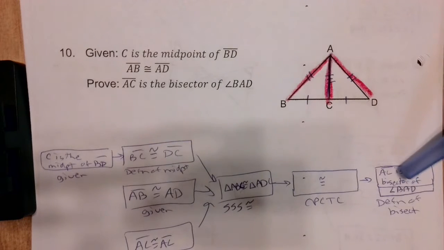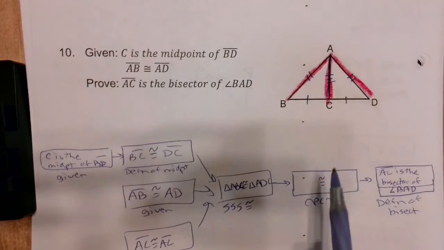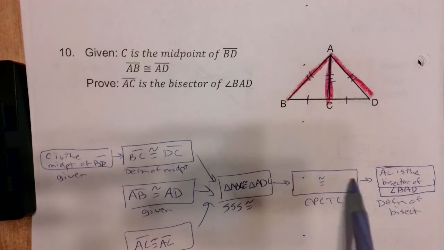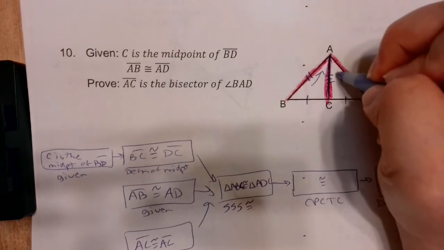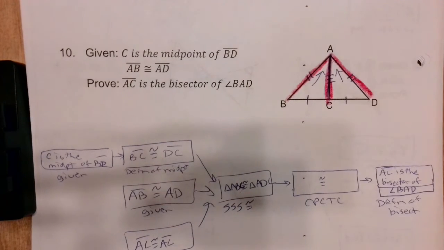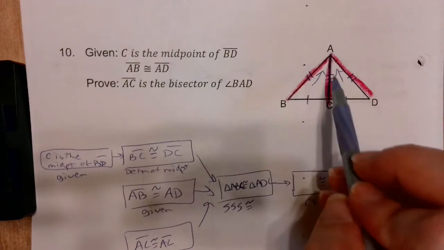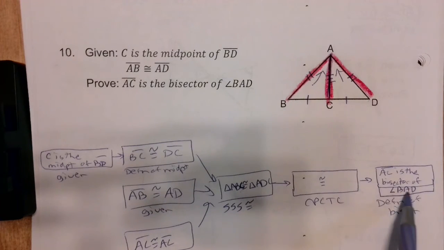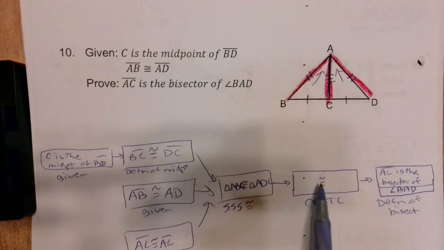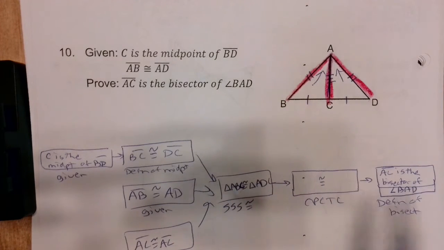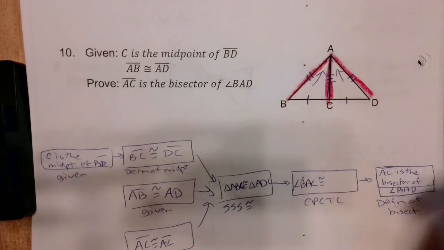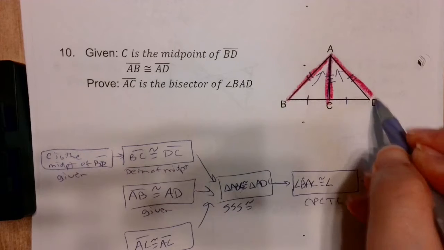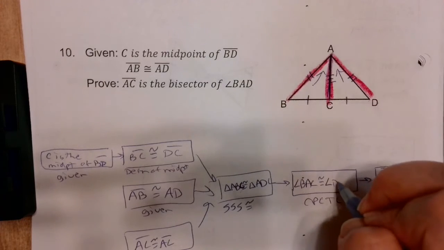In order for this to be true, what two things would have to be congruent? This angle and this angle would have to be congruent, and if they were equal, then it would mean that we had a bisector. So these two angles are what go in the CPCTC box. Angle BAC is congruent to angle DAC.